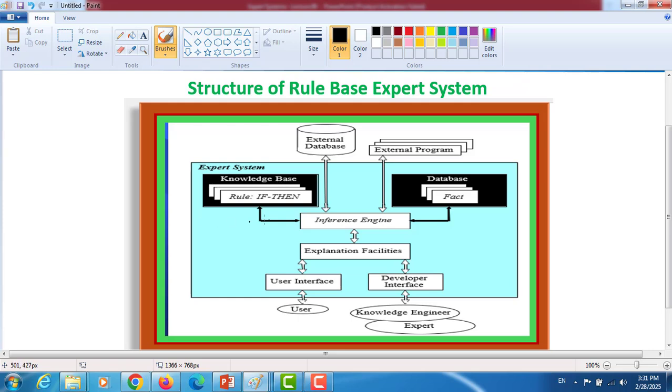As I said, this is not the only rule in the rule-based expert system. You can easily formulate other rules by using if-then statements, and you can let the computer generate other facts according to these rules.